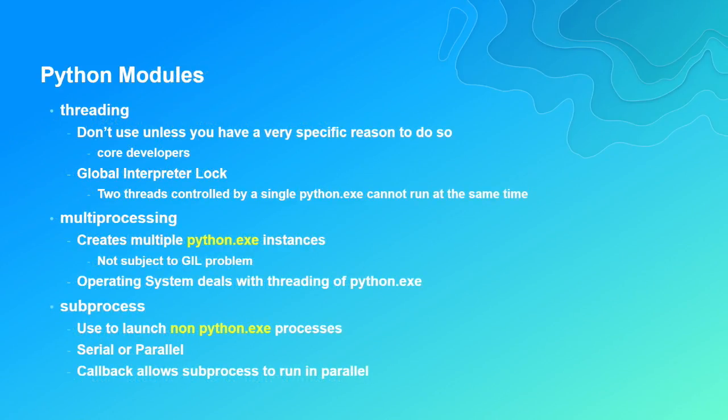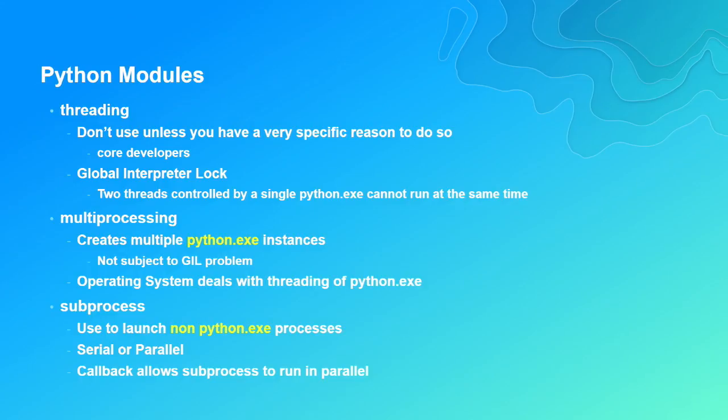The actual modules that Python itself provides, without having to download any packages or install anything but Python itself, are threading, which in and of itself is a very, very specific thing. Unless you know you need to use threading, it's very unlikely that you'll need it.